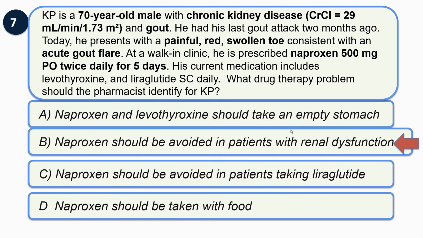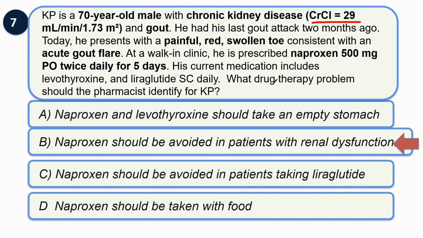The correct answer is naproxen should be avoided in patients with renal disease. Here in the case scenario, the patient's creatinine clearance is less than 30, that is 29. When a patient's creatinine clearance is less than 30, which is called severe renal disease, all NSAIDs such as naproxen, ibuprofen, and all other NSAIDs are contraindicated.